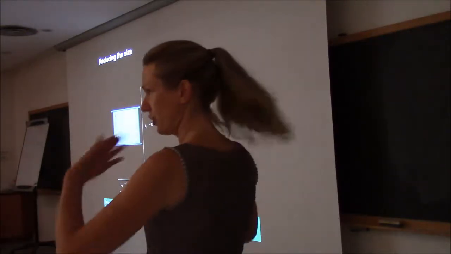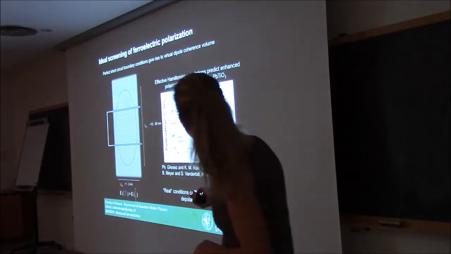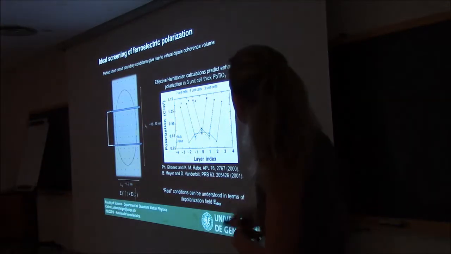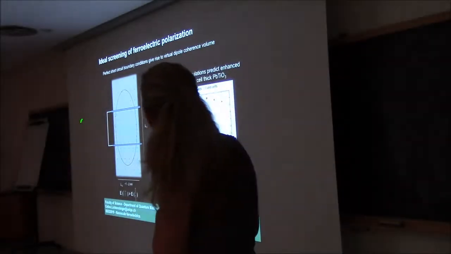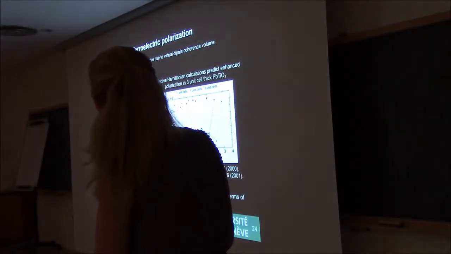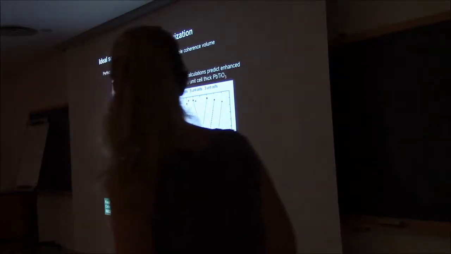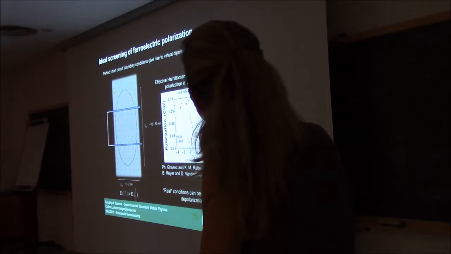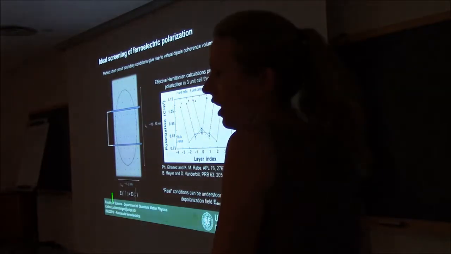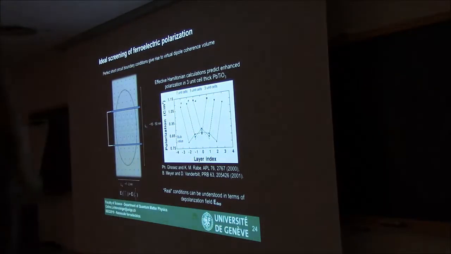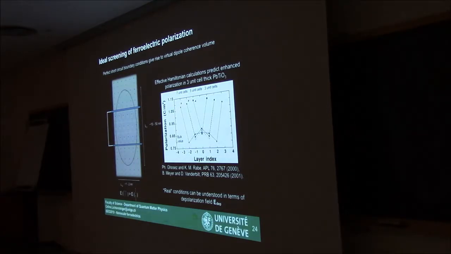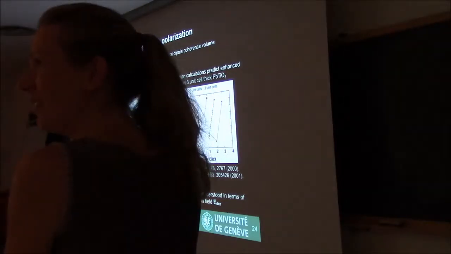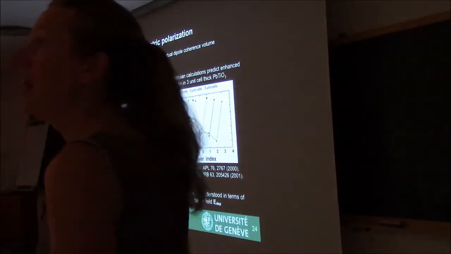But now, instead of just reducing the thickness of your material, what you can do is put electrodes, you screen with the electrodes, and so actually what happens is that if you are in perfect short-circuit boundary conditions, the material between the two electrodes will see some virtual dipoles, some image charges. And because they see these image charges, they feel perfectly happy because they believe that all the other dipoles that you've removed are still there.